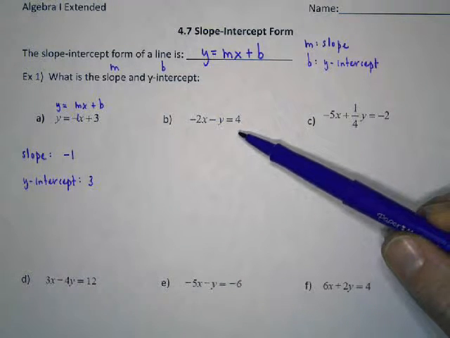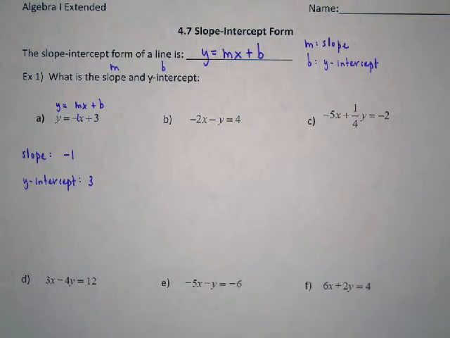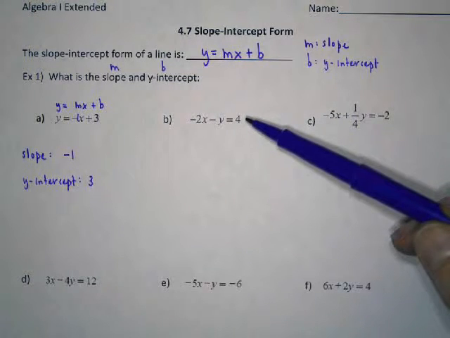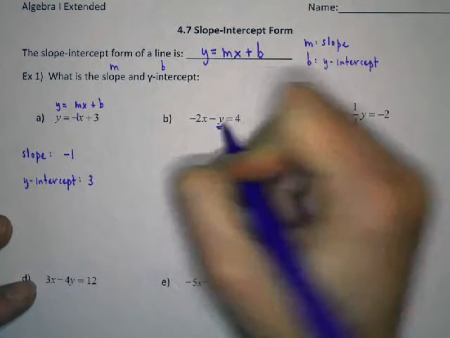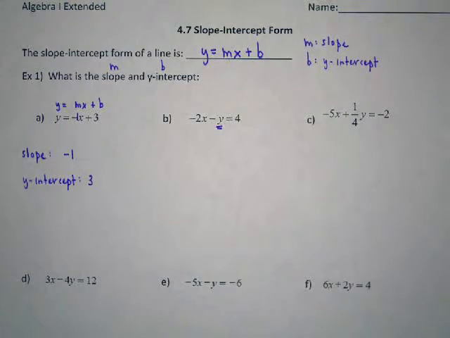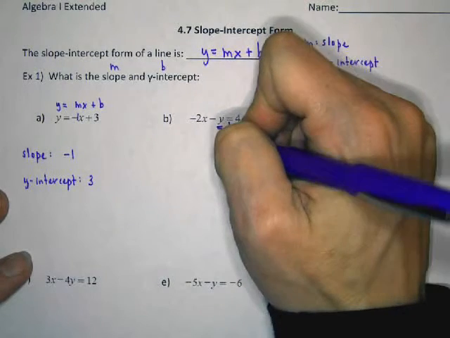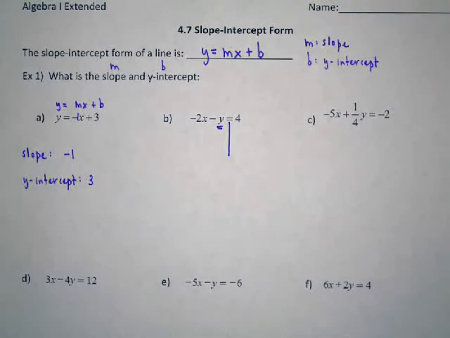Now, if you look at b here, you'll quickly notice that obviously that's not in slope-intercept form yet. So the first thing we need to do is get that into slope-intercept form. So we need to get the y all by itself. That's our goal. So we need to use, again, those solving skills to rearrange this equation.